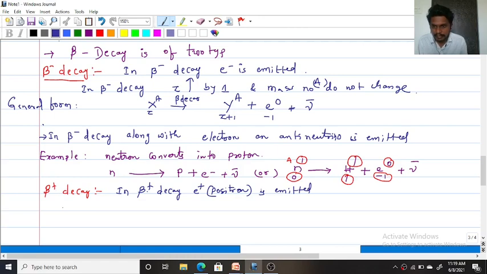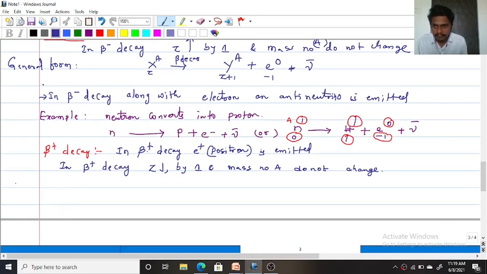In beta plus decay, the proton number decreases by 1, and the mass number A does not change.